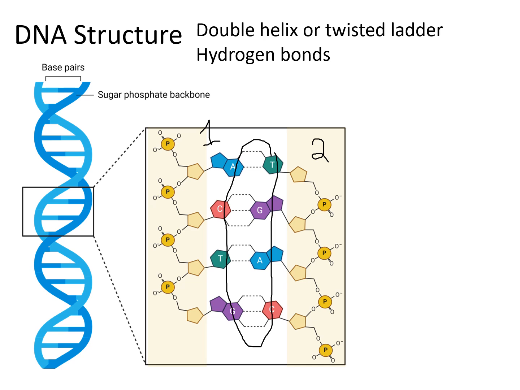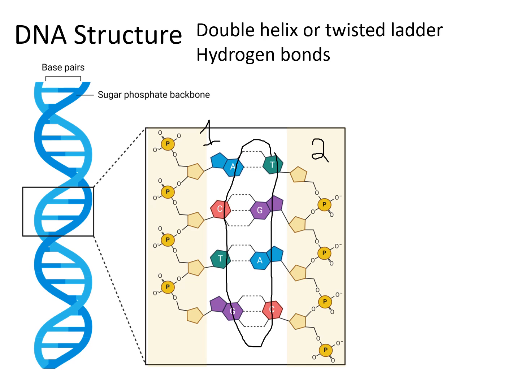The rungs of the ladder, or where you would put your feet, are made up of bonded nitrogenous bases of the nucleotides. Because of the specific nature of bonding of the strands, this structure does not stay as a ladder, but it starts to twist itself into a structure that is known as a double helix or a twisted ladder. The picture on the right shows you what's commonly called the ribbon model of DNA.